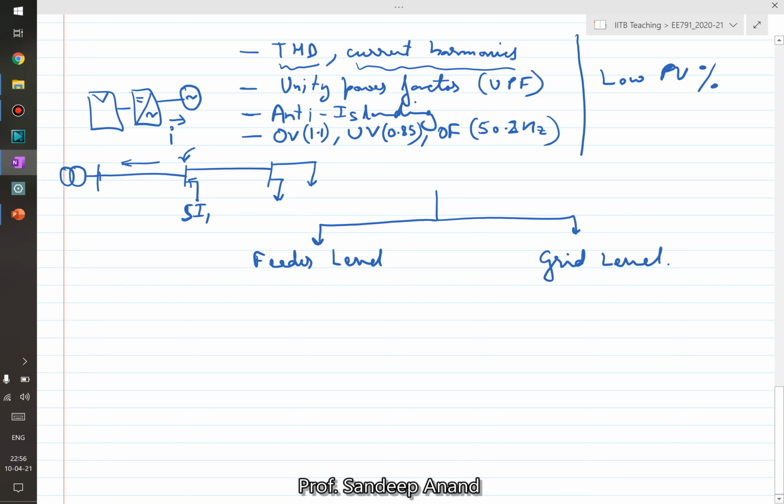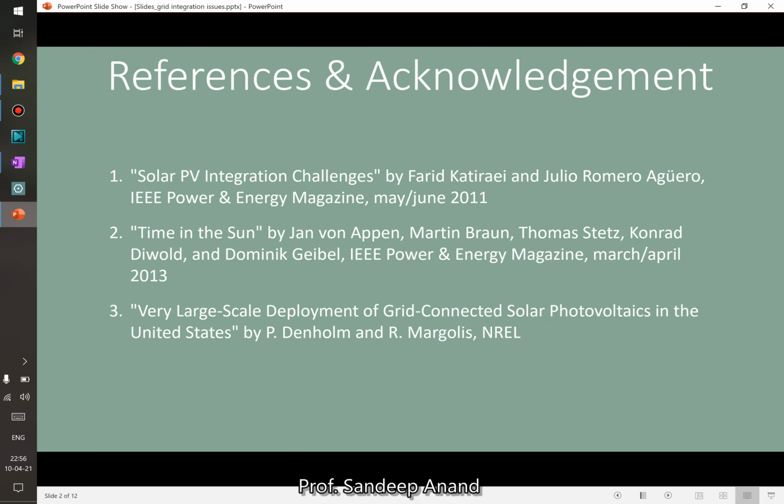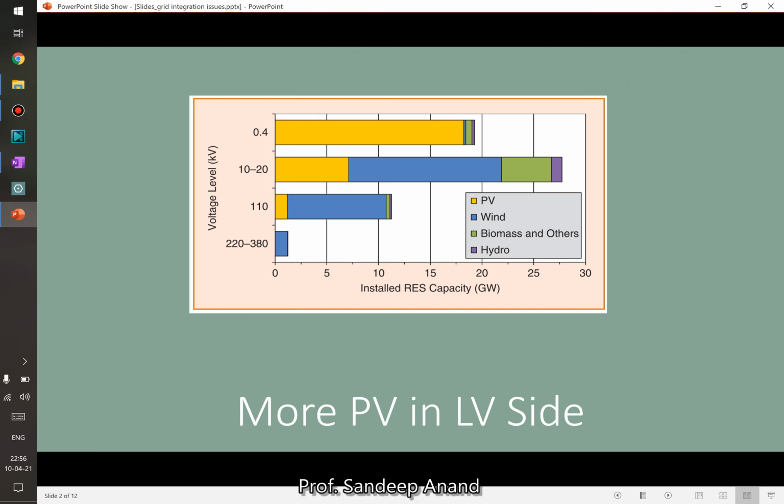To give you an example, this is from one of those articles. This is a graph which shows the solar connected into the grid in Germany at different voltage levels.